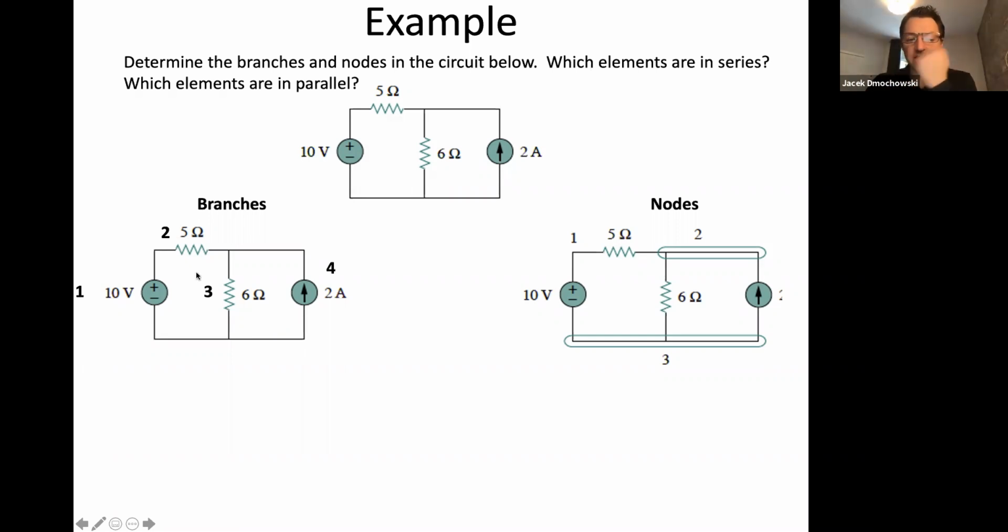So which branches are connected in series and which branches are connected in parallel? The 10-volt battery and the 5 ohm resistor are in series. Very good. And what about in parallel?